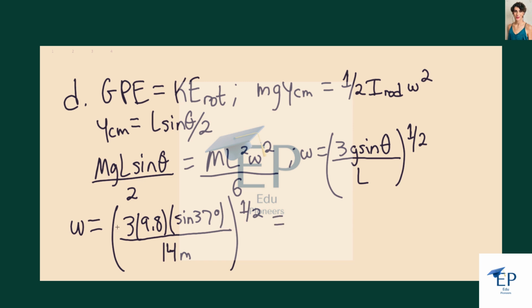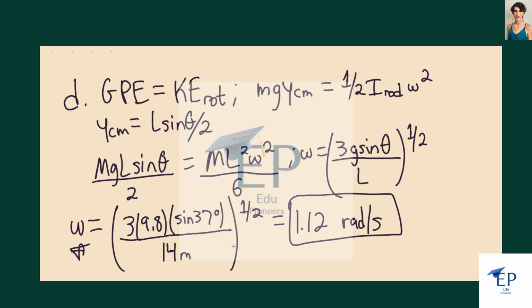And we find that the angular velocity is going to be equal to 1.12 radians per second. So this would be your answer for part D. We simply need to use the conservation of energy in order to find the angular velocity. That is the end of the solution. Thank you for watching.